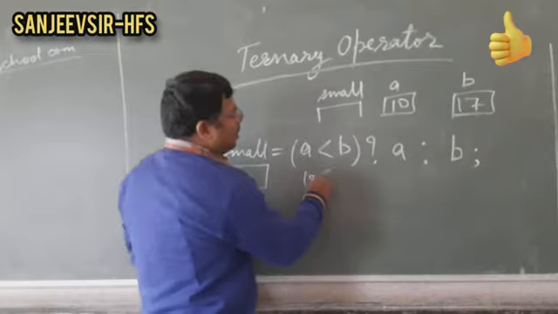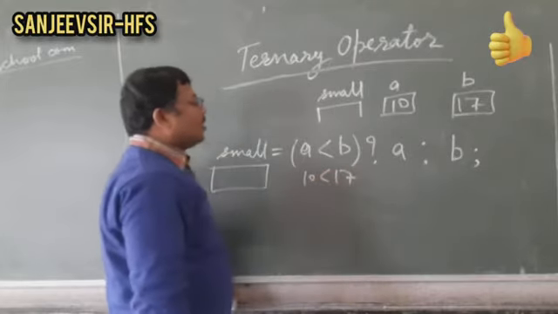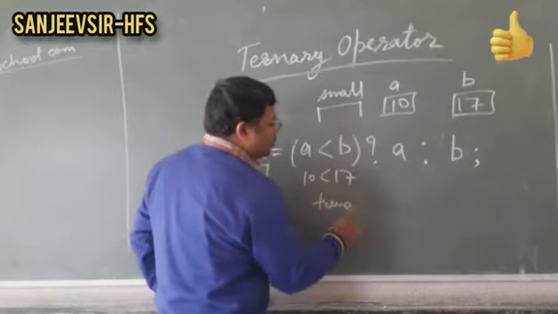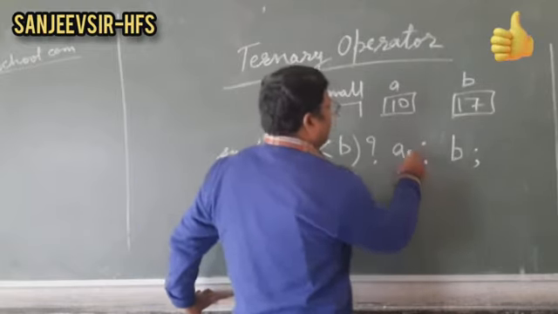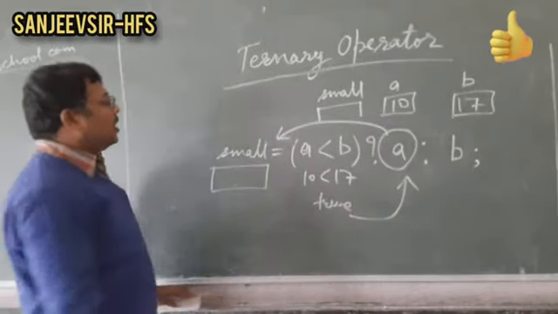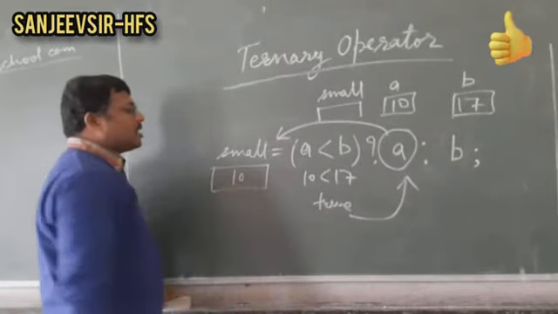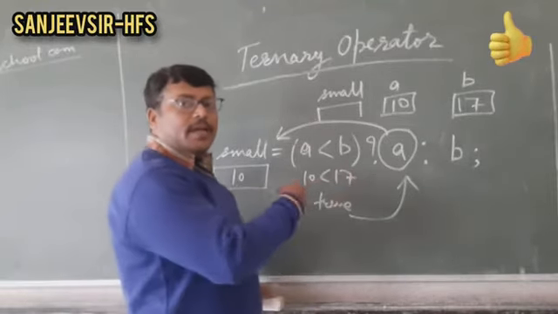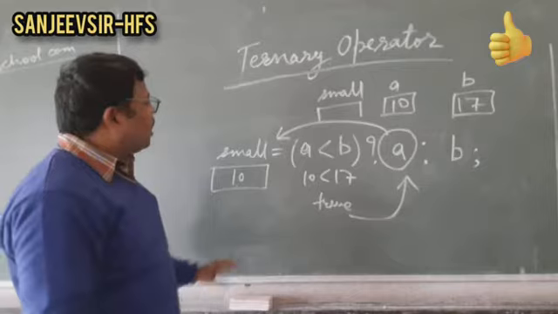Now 10 less than 17, condition is true. Control moves to A. So A value will be assigned into small. The value of A is 10. So small will give this time 10. Okay. In such a way, we assign the value and we use it.